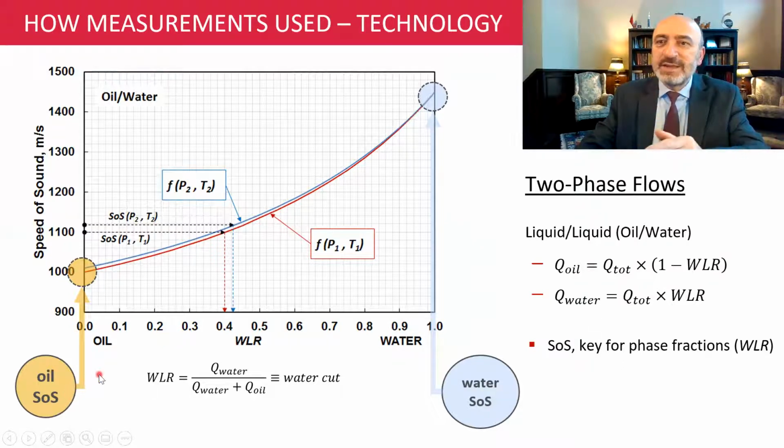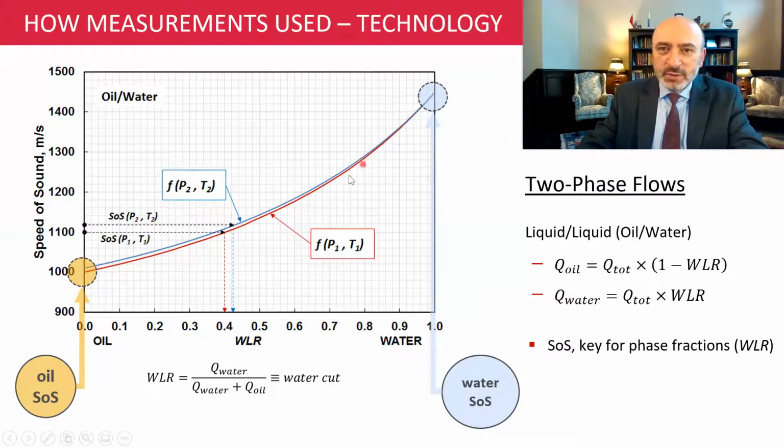So at every data point, these measurements are made, a new curve is drawn, a new water cut is determined, and new phase flow rates are calculated. So these are all in the flow computer, and everything is done automatically.